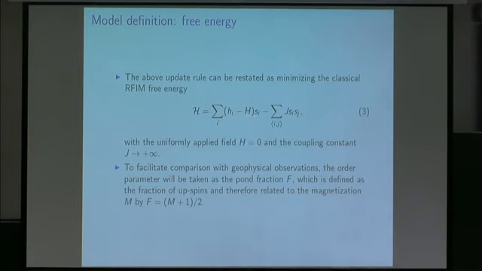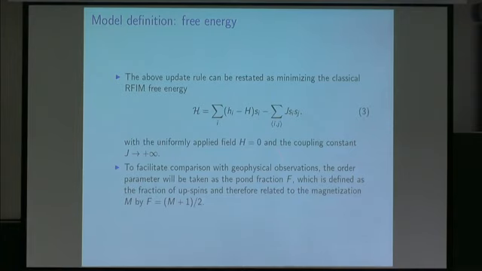So eventually, the model we are proposing is just a simple special case of the classical random field Ising model, right? You can see that the coupling constants are not location dependent, and the random field is in the first term. Actually, we want the coupling constant to be infinity, and this applied magnetic field H is also 0. So this model, as you can see, is actually parameter free, right? You don't need to input any parameter at this stage, right?